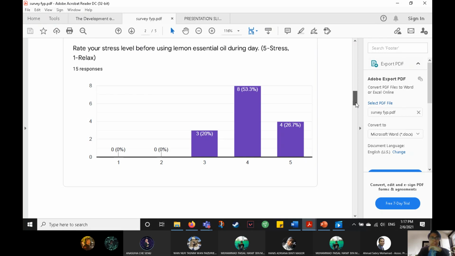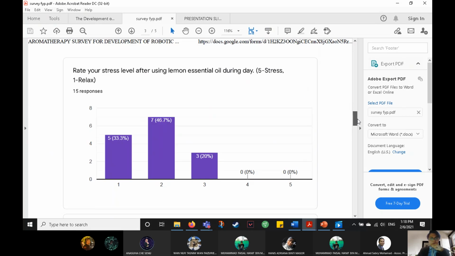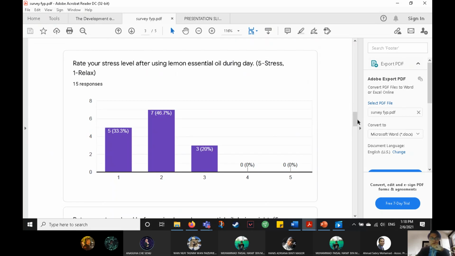As you can see here, they rate their stress level before using the lemon essential oil. For the day, most of them rate 3, 4, and 5, and after they use the water mist, there is a change in stress level. My project is moving around, so basically to move.